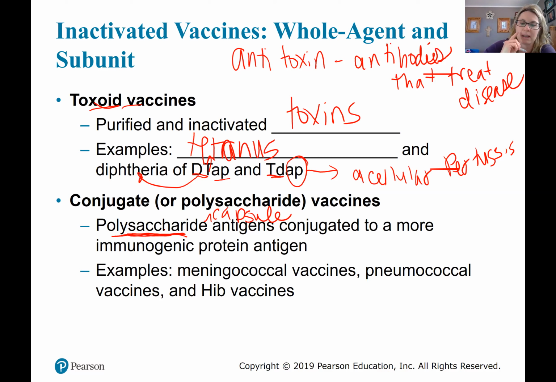So a conjugated vaccine is going to be one where you have this polysaccharide or this sugar antigen, and you attach it to, or conjugate it to, or link it to a protein antigen. So it really just enhances the opportunity for that to be detected. Hib, meningococcal meningitis, and pneumococcal pneumonia vaccines are examples there.